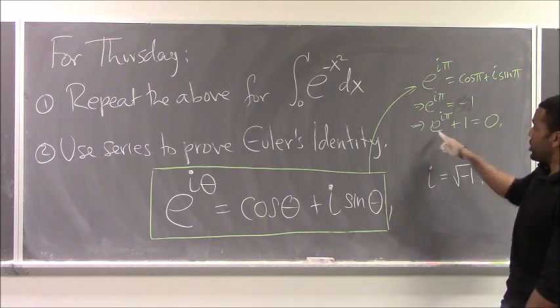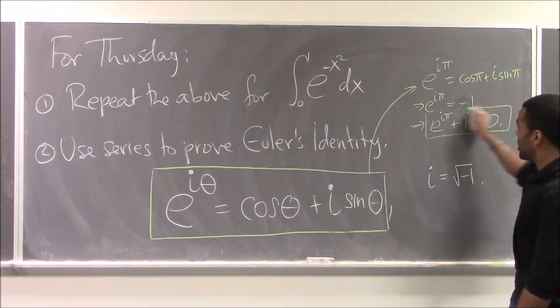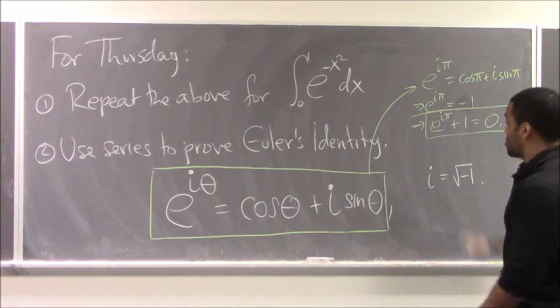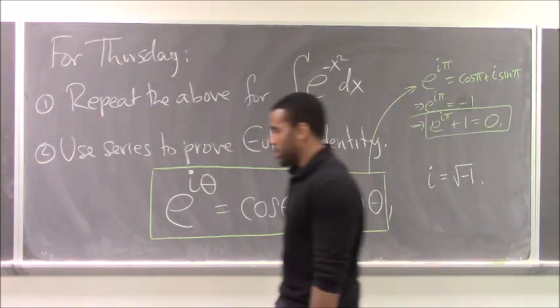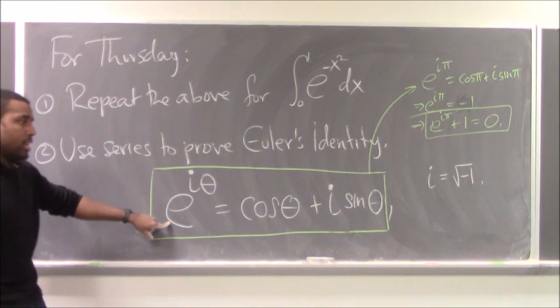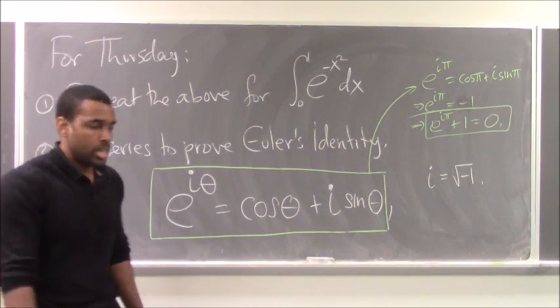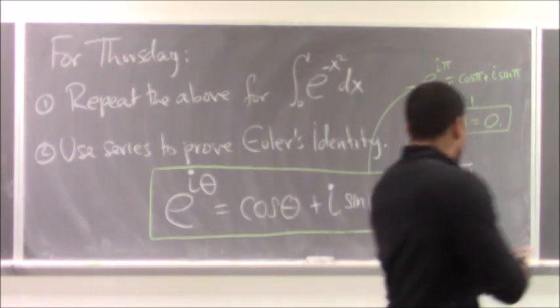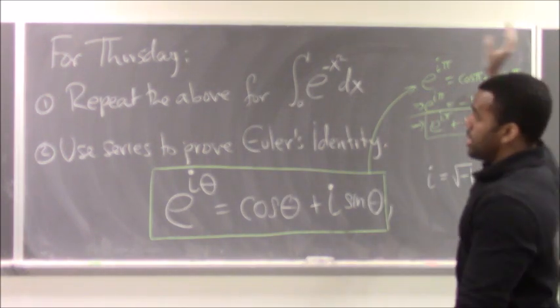Right? From this equation, you can get to this equation, which is pretty cool. Maybe I'll talk a little bit about that next time. But actually try to prove this equation. It's actually not that hard to do it using series. So try that for next time.